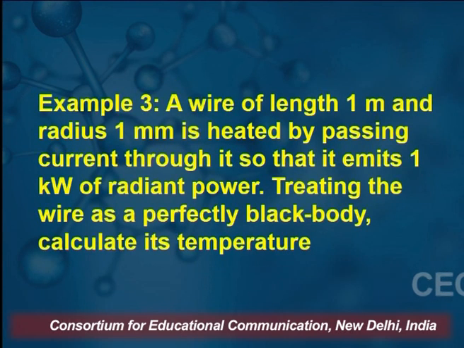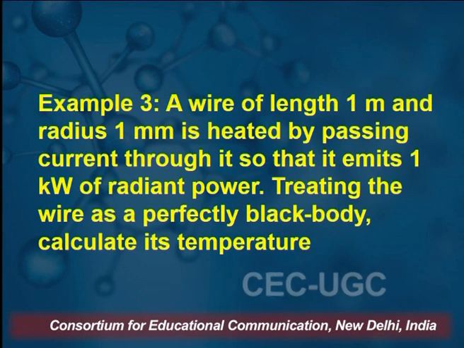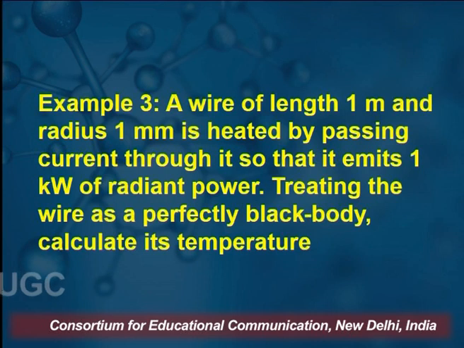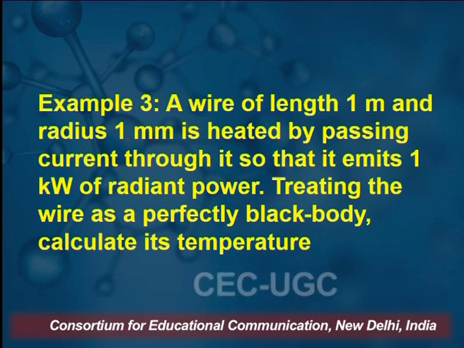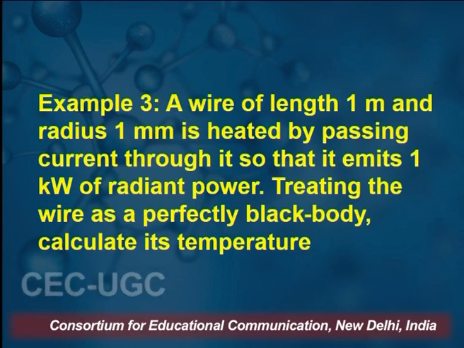Now let me discuss another example. This example says that we have a wire of length 1 meter and radius 1 millimeter, and it is heated by passing a current through it such that it emits 1 kilowatt of radiant power. Treating the wire as a perfect black body, let us calculate the temperature of this wire.